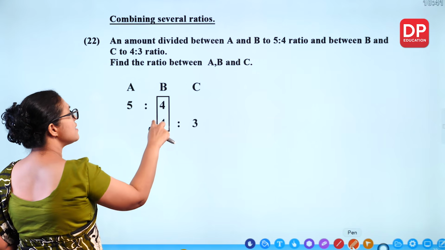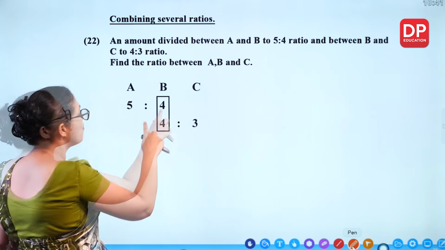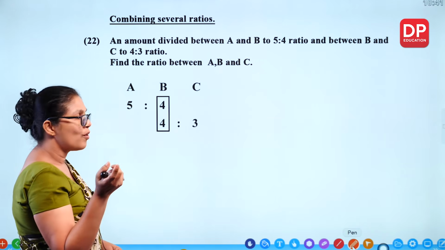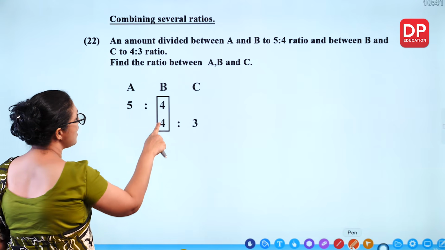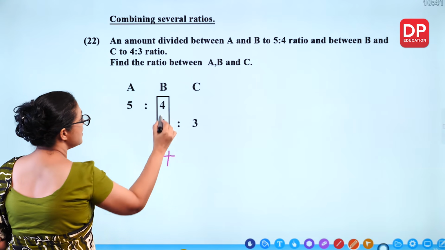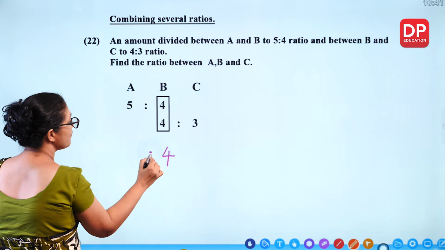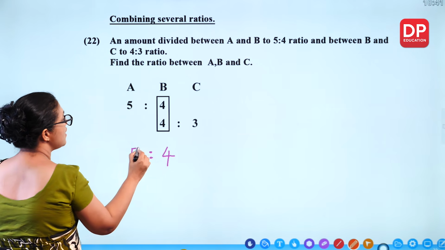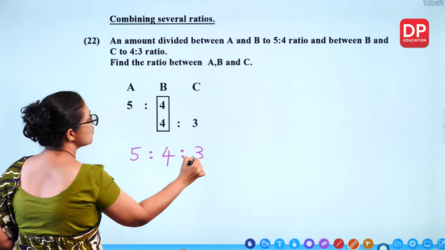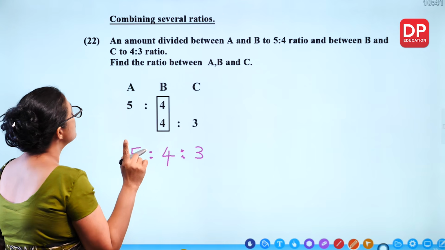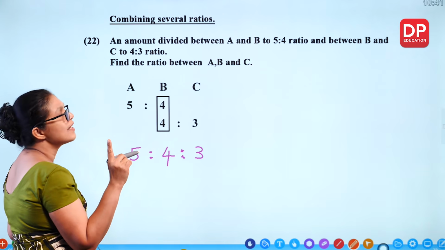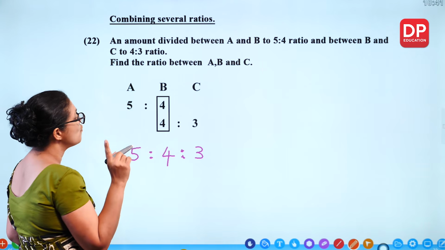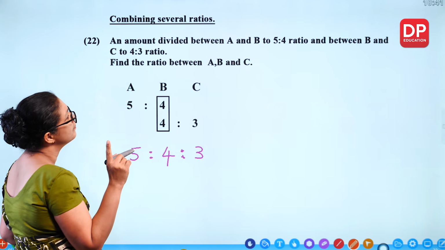Now this is the common one. So both the values are 4. So that means you can write down the ratio as this is 4, this is 5 here, and this is 3. So what's the ratio between A to B to C? That's 5 to 4 to 3.